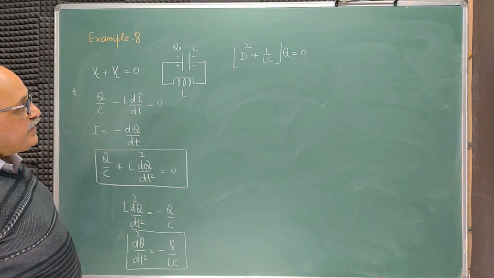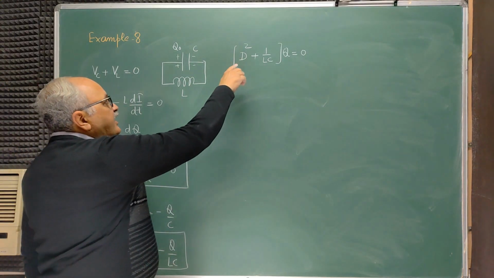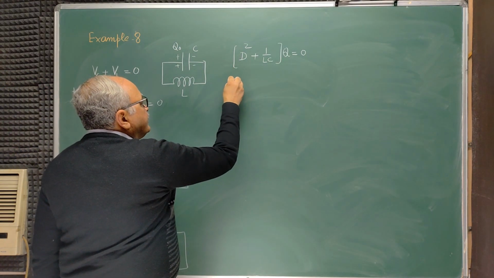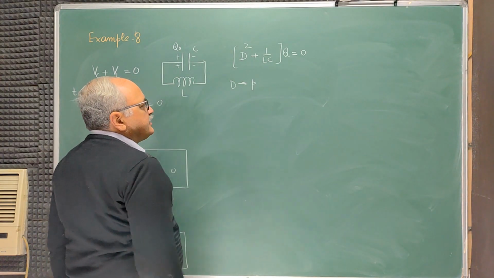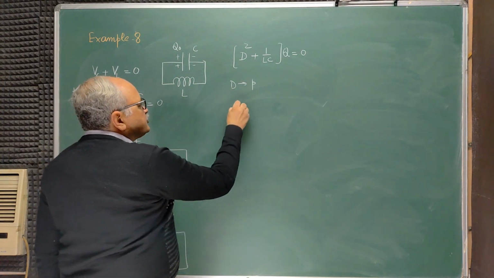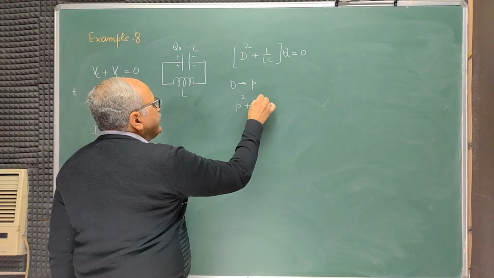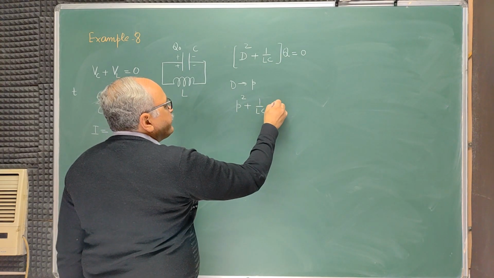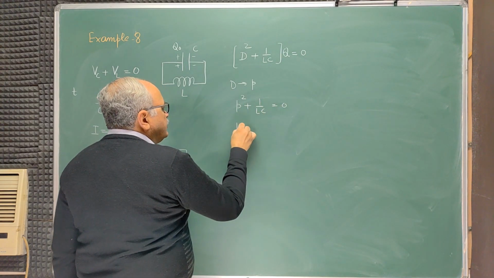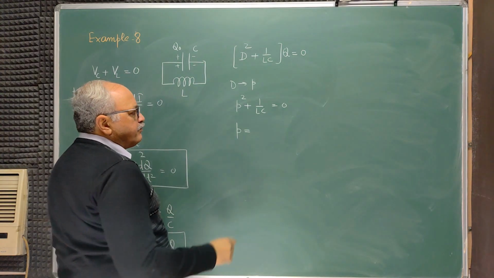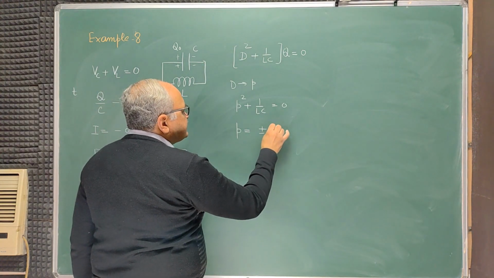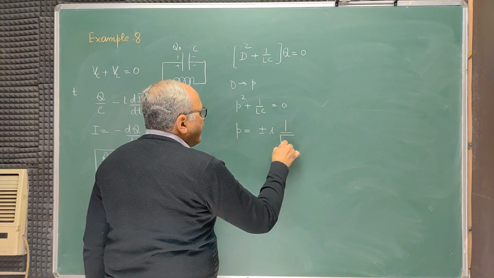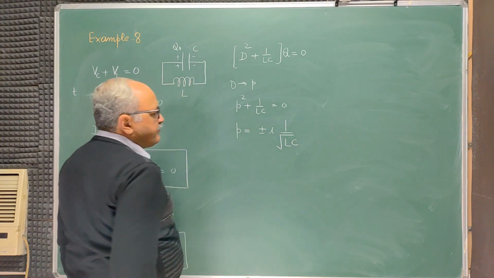Now we can treat D as a variable p. So the auxiliary equation will be p² plus 1/LC equals 0. So p comes out to be plus or minus i times 1 by the square root of LC.